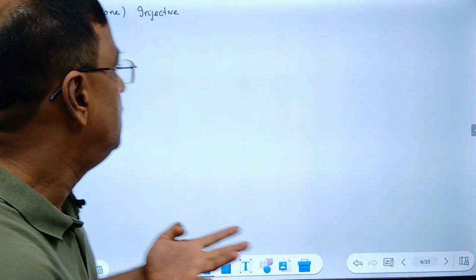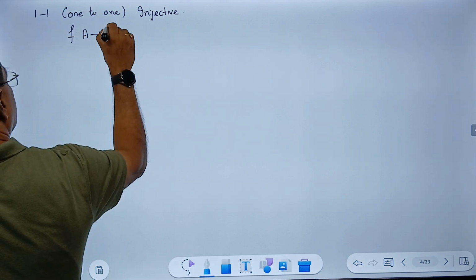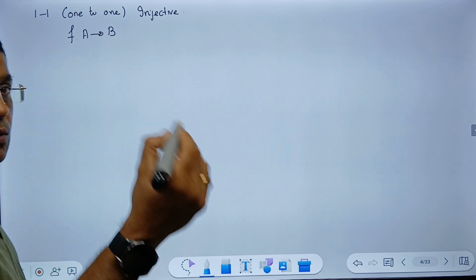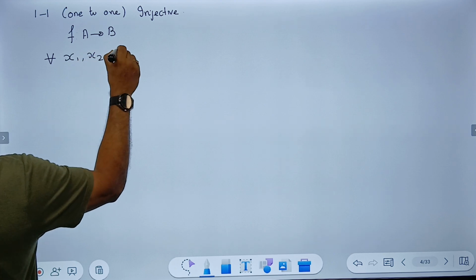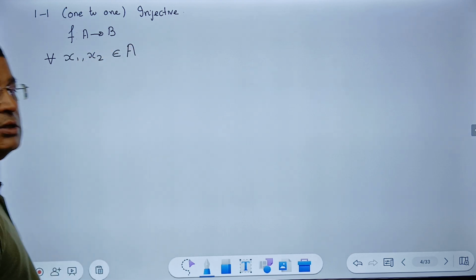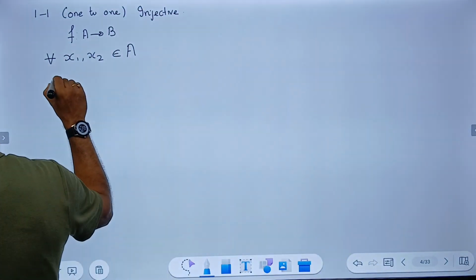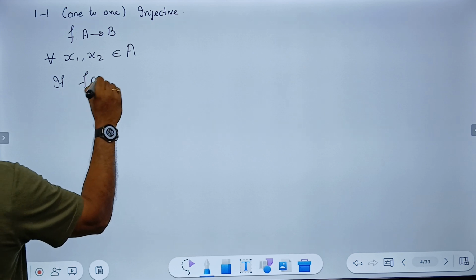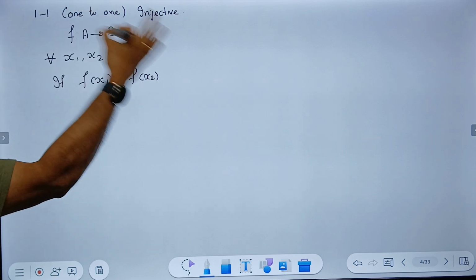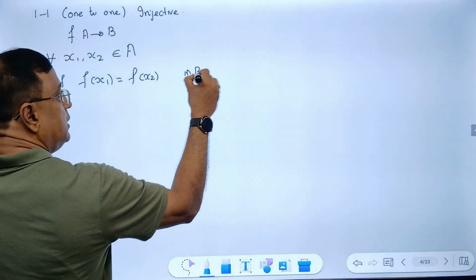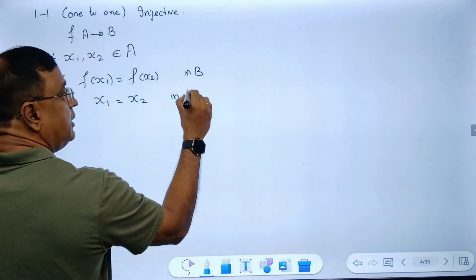So if f is a function from A to B, I will say it is one-to-one when, for every x1, x2 belonging to A, I take two elements x1 and x2 in the domain, and if f of x1 equal to f of x2, where f of x1 will be in B, then you can say x1 equal to x2 in A.